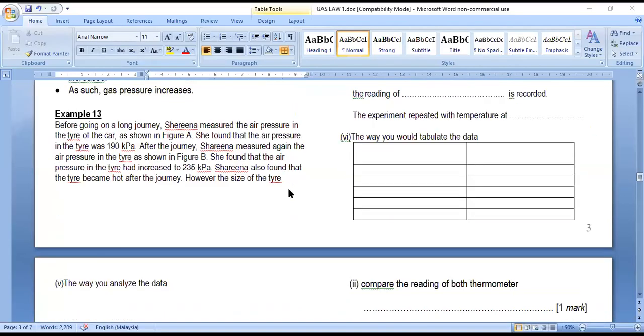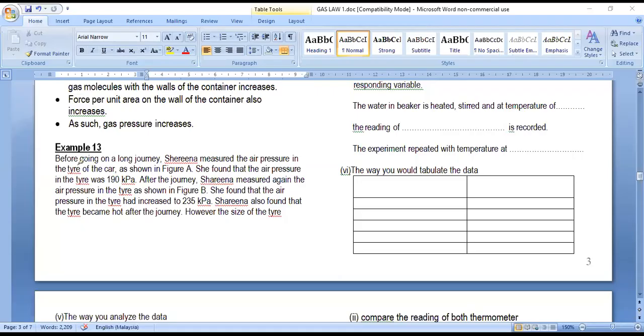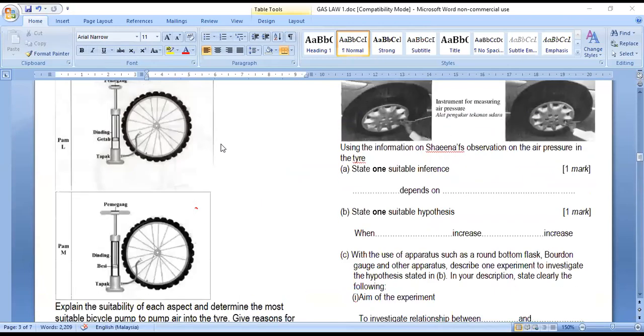Now we look at an example of a Paper 3 question. Before going on a long journey, Sharina measured the air pressure in the tire of the car. As shown in figure A, she found that the air pressure of the tire was 190 kilopascal. After the journey, she measured again, as shown in figure B, and found that the air pressure had increased to 235 kilopascal. Sharina also found that the tire became hot after the journey. However, the size of the tire remains the same.